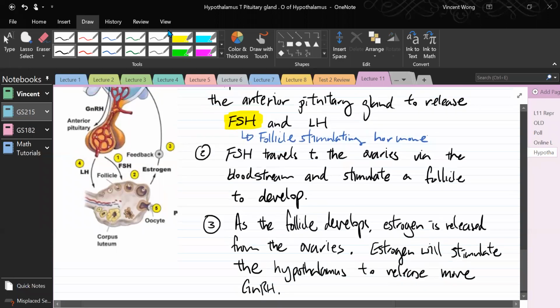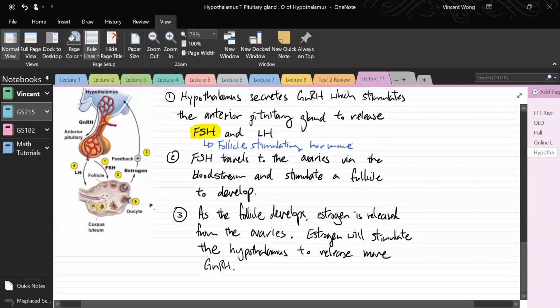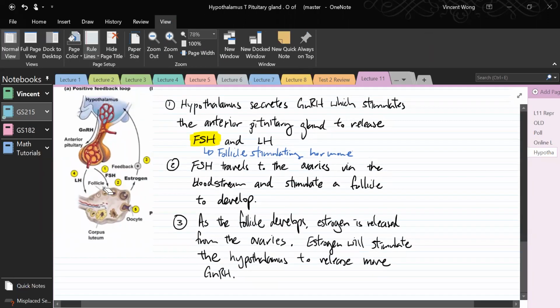Okay, so this is called positive feedback, because you're exaggerating the release of some hormone. That's why there's a plus here. So this is called positive feedback.